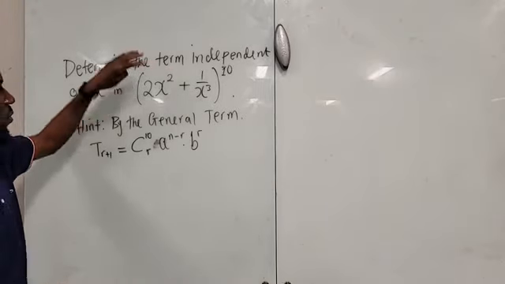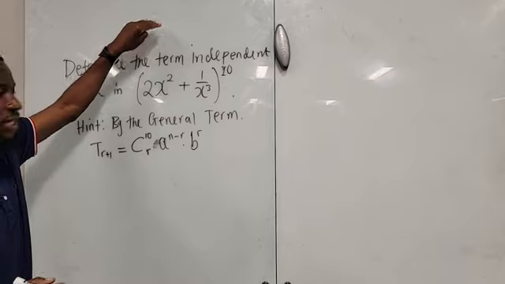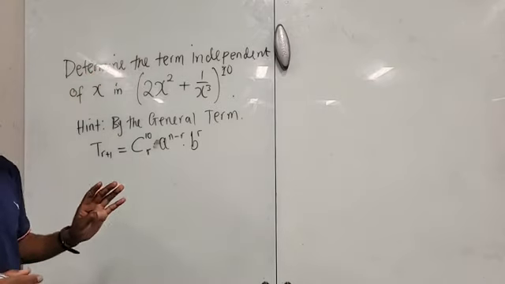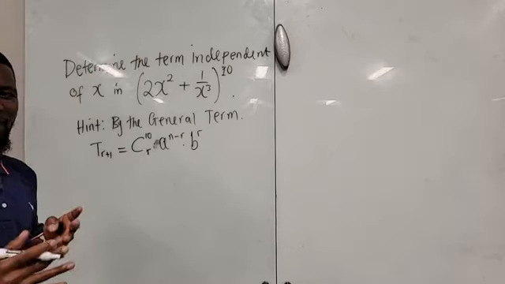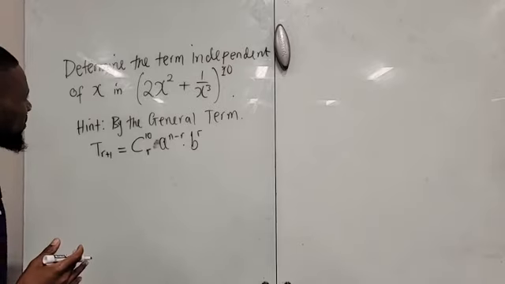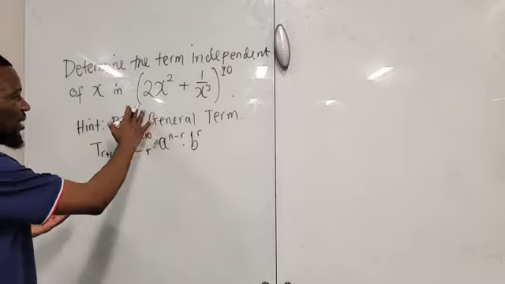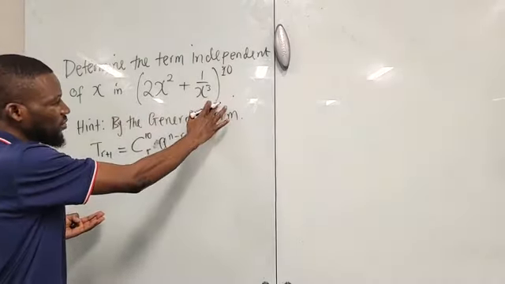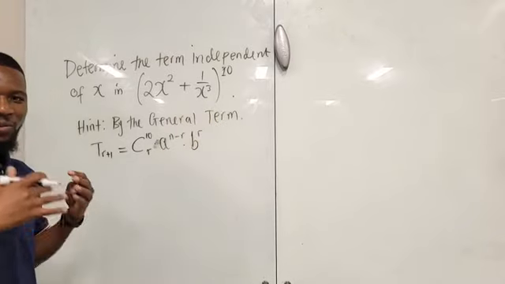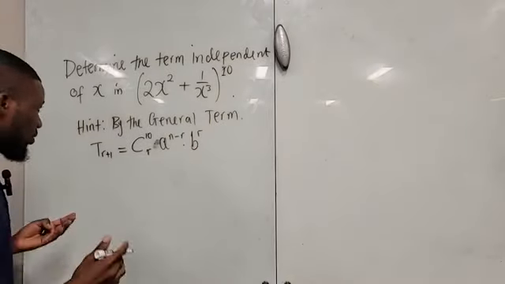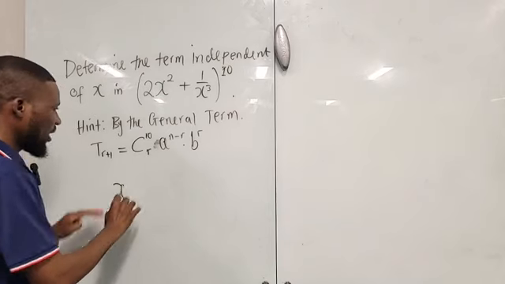Then if we find r, we can substitute it in that formula and then see what proceeds. Now, first of all, we would want to understand what it means to find the term independent of x. So independent of x, it means it is a term in this expansion which does not have x. Okay, so for example, I'm just giving an example.